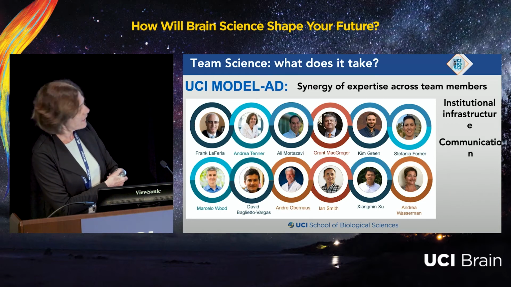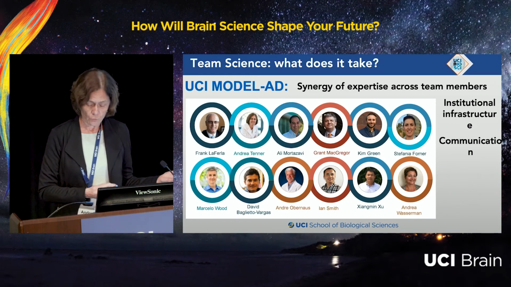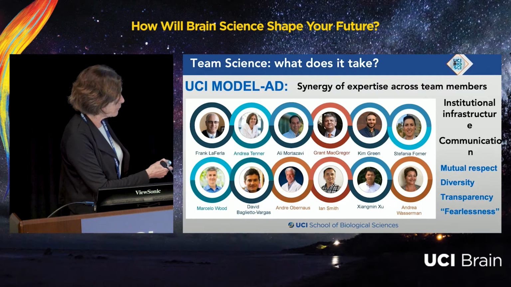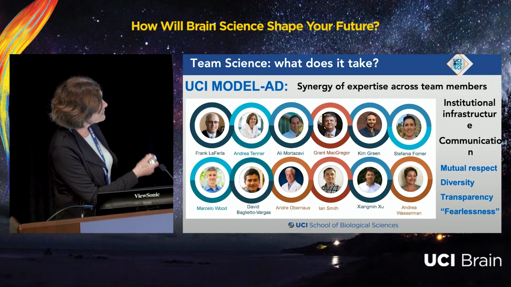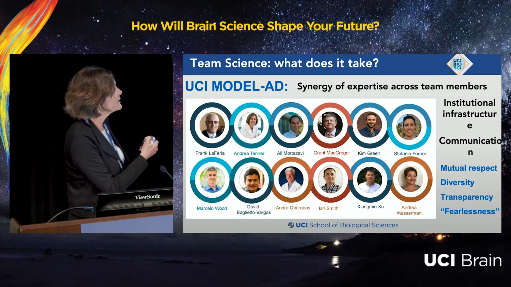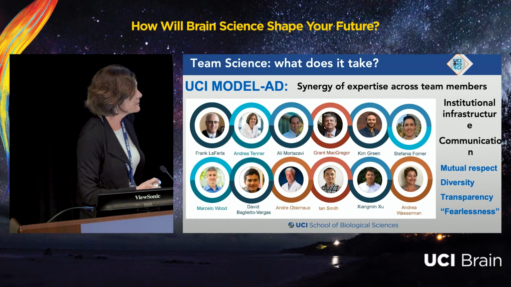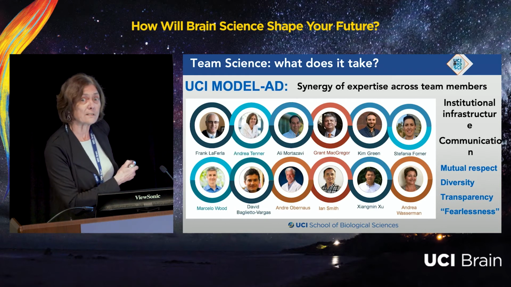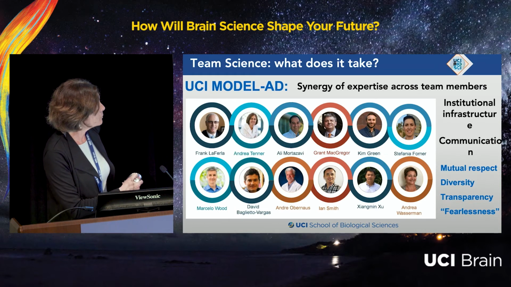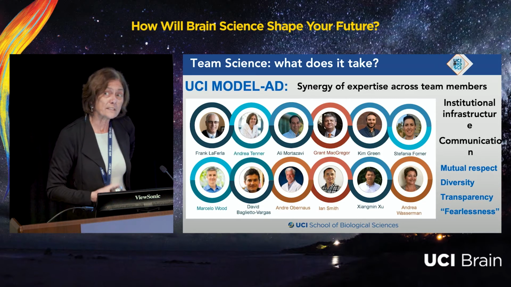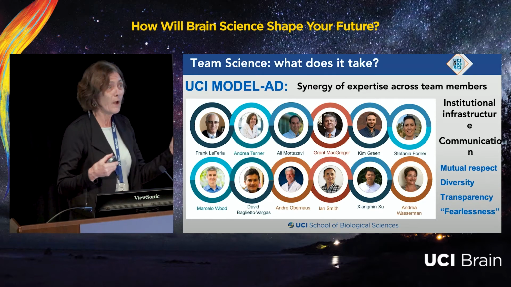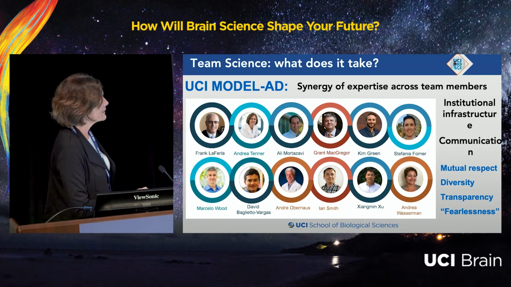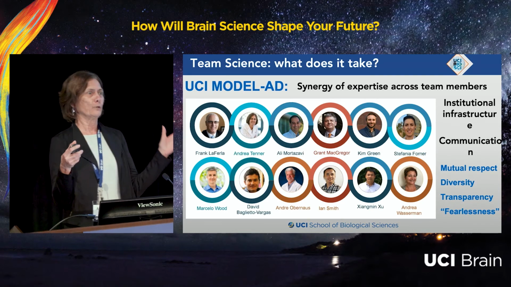And then also communication is very, very important. And what's really important in all of this is mutual respect of the team members and their capabilities, diversity of opinions and diversity of individuals coming in with different ideas, transparency, no hiding, everything is open, and as Marcelo once said, fearlessness. So you just get out there and do it.